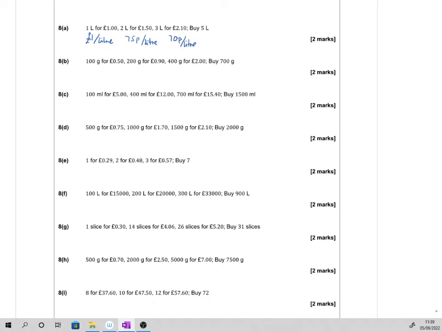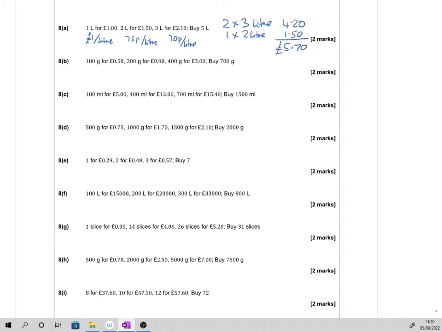So the best way to buy this is 2 times 3 litre, 1 times 2 litre. So 3 litres for £2.10, which is £4.20, and £1.50, which is £5.70.